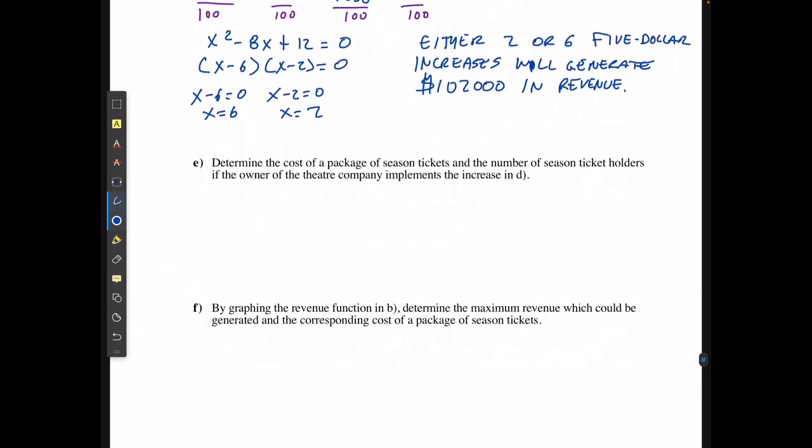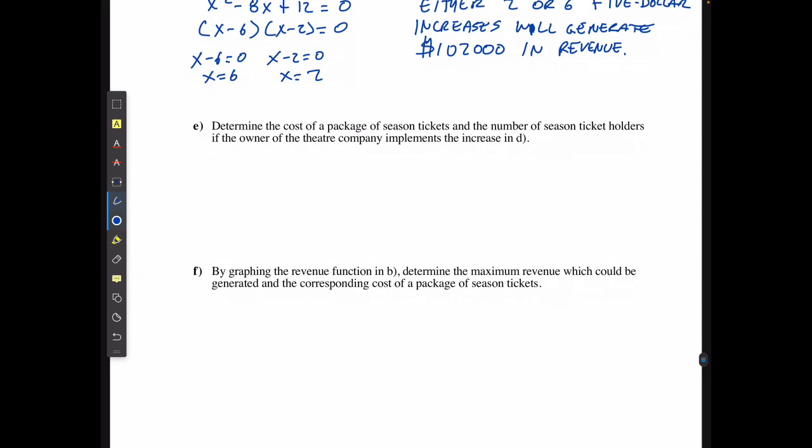If I'm determining the cost of a package of season tickets and the number of season ticket holders, if I'm doing 2 increases, then the cost is going to be 140 plus 5 times 2, or $150.